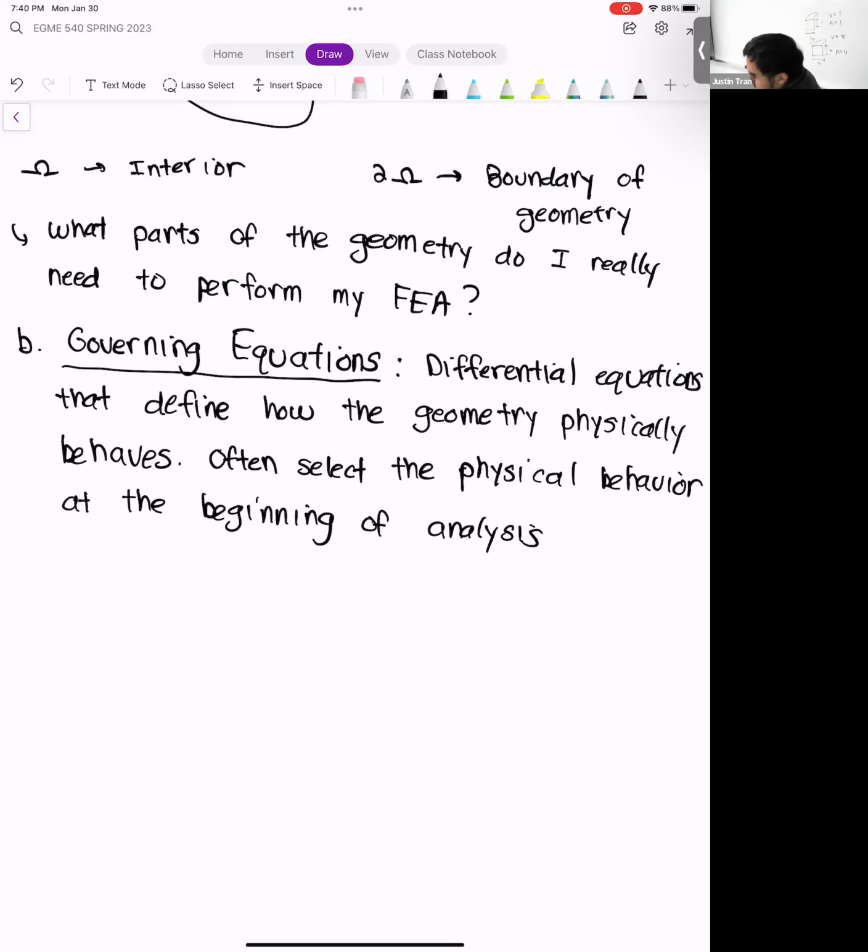But what we'll see throughout the semester is that the decisions you make go beyond just choosing structural or just choosing thermal, because there are a lot of wrinkles even in those decisions.